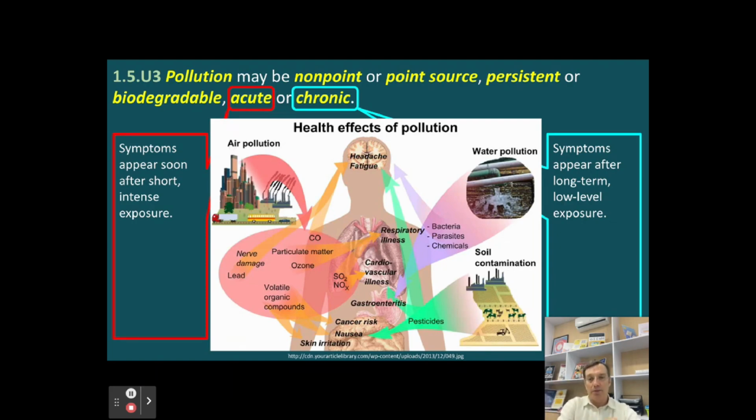Chronic pollution is long-term, and generally it's a long-term, low-level exposure. So you may not notice it, but it does create notable impacts on living organisms over time. Probably the most prominent example of chronic pollution is urban air pollution.